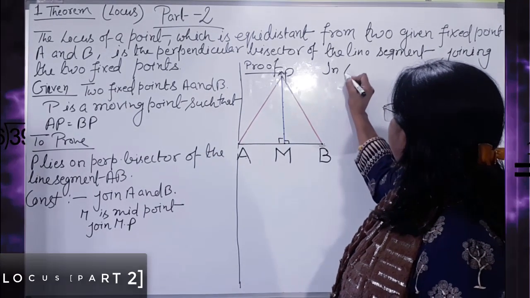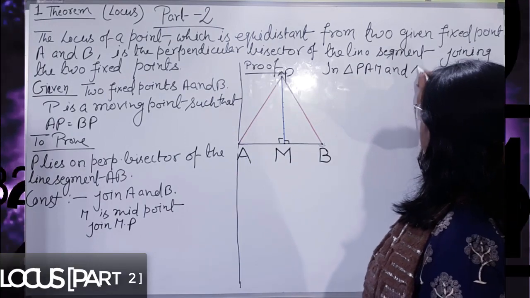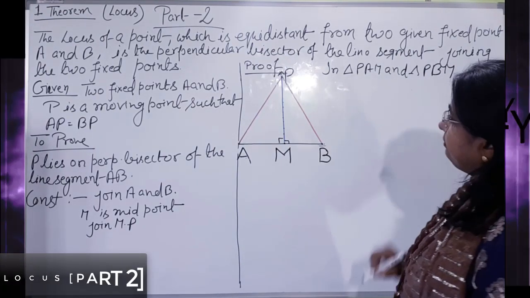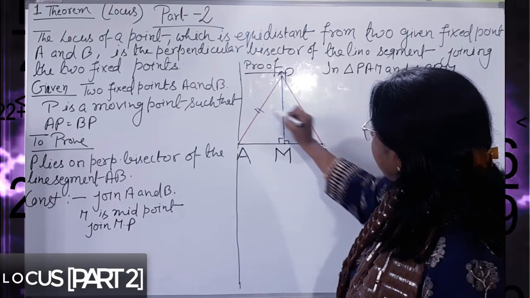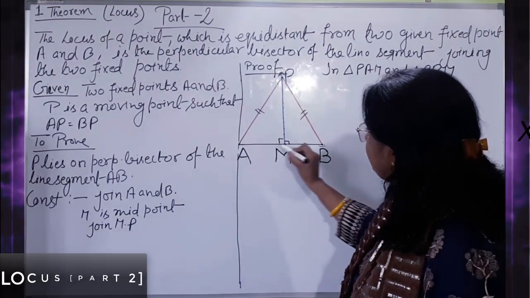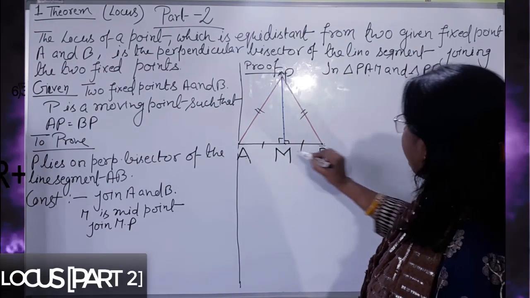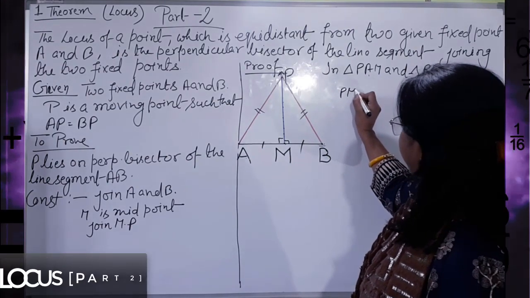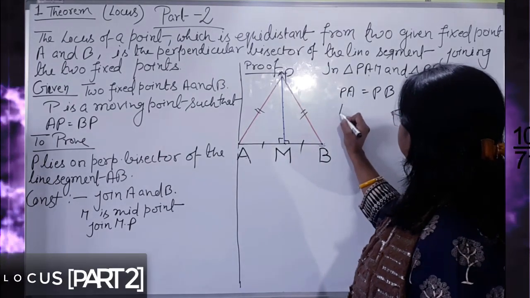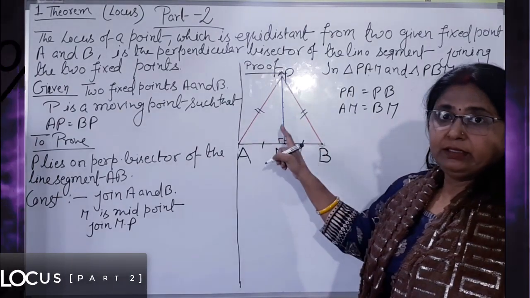In triangle PAM and triangle PBM, these two are equal because they are equidistant, and point M is also on the path of the perpendicular, so this point is also equidistant from A and B. So in both triangles PAM and PBM, PA is equal to PB, AM is equal to BM, and MP is common in both triangles.